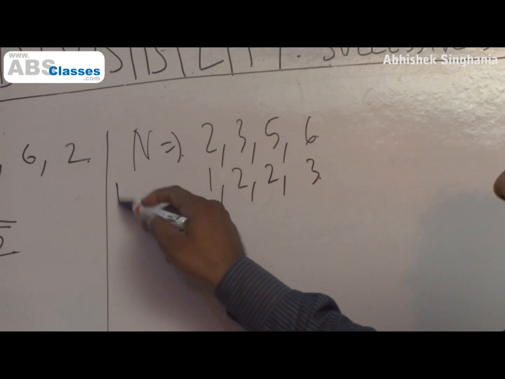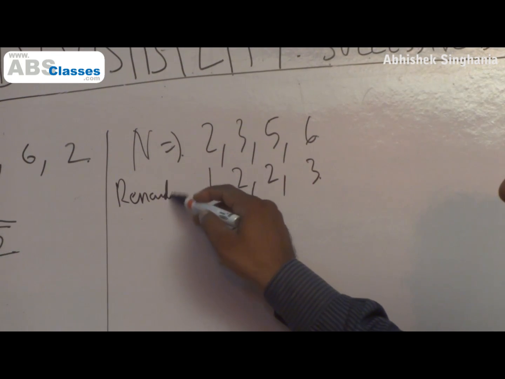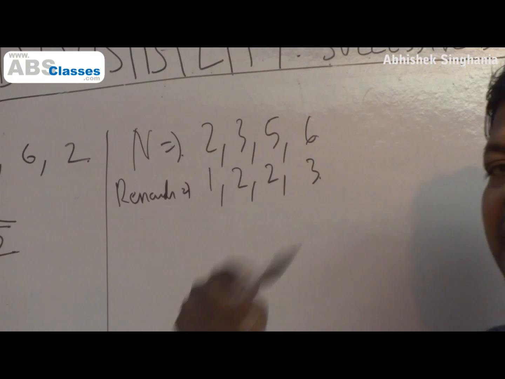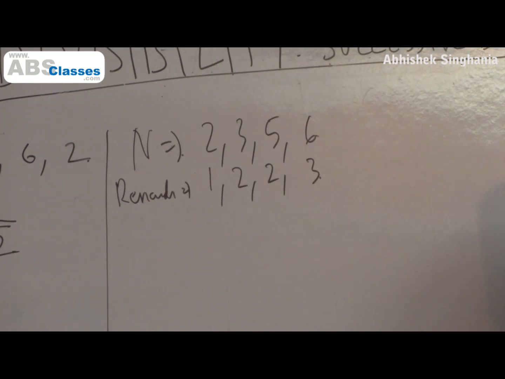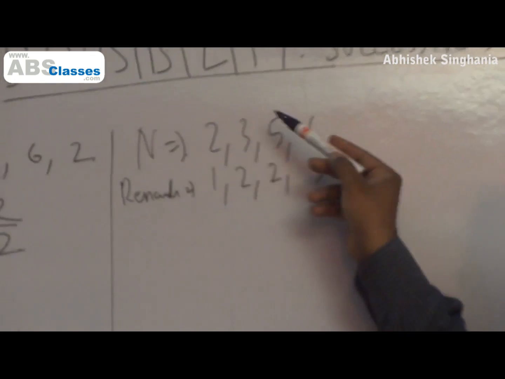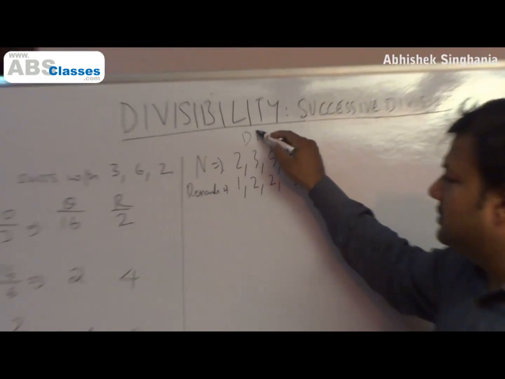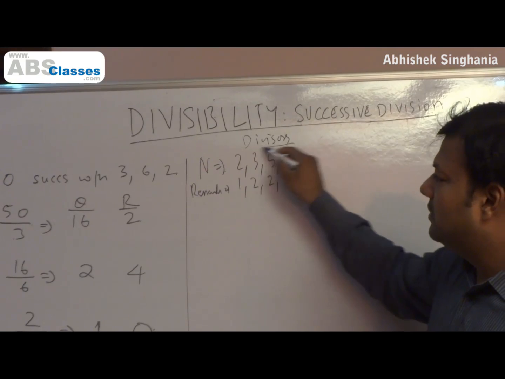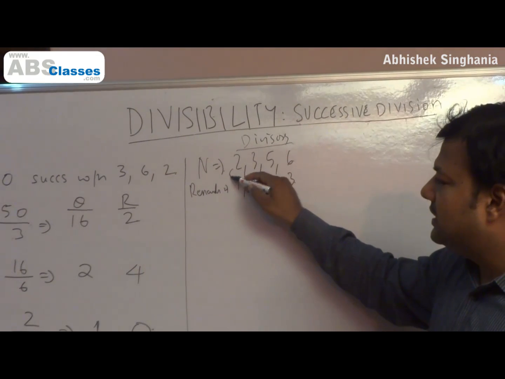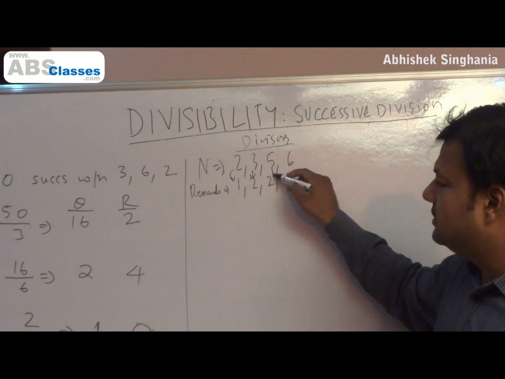Remainders matter, quotient is not important because there n can take multiple values. So these are my divisors, 2, 3, 5, 6, and these are their respective remainders.